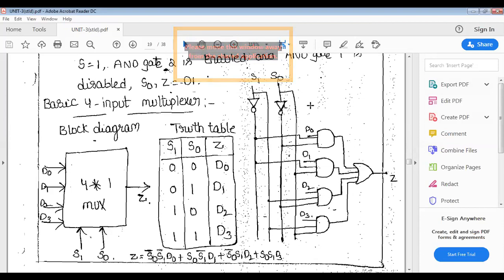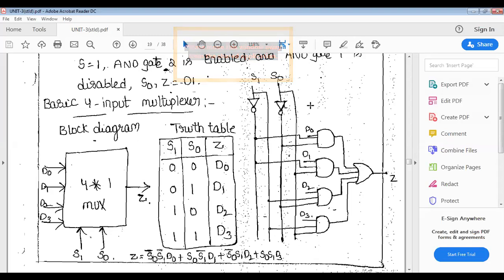The 2 selection inputs are S1 and S0, and the 4 inputs are D0, D1, D2 and D3. The multiplexer has only one output, Z. Here the 2 selection lines give the binary combinations 00, 01, 10 and 11.